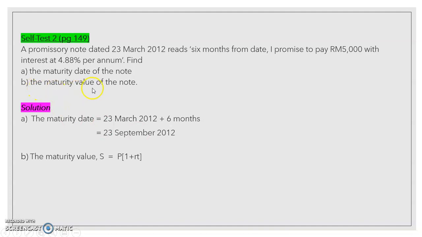Alright, B, the maturity value of the note. Do you have any simple interest rate? Yep, you have 4.88%. So your S here is going to be 5,000 times (1 plus r t), where r is 0.0488. How about your T? Your T is 6 months from date, so it's going to be 6 over 12. So your maturity value is going to be 5122.